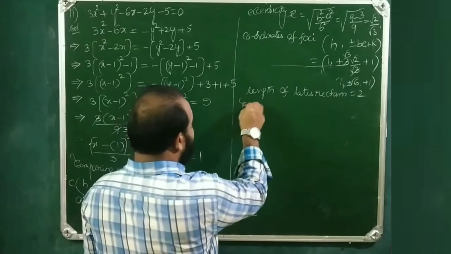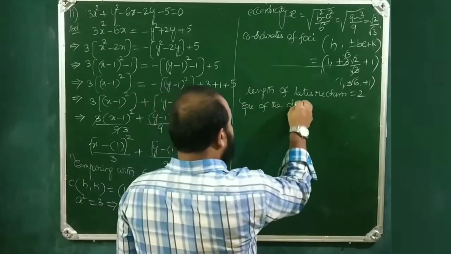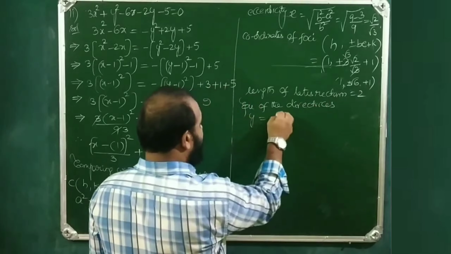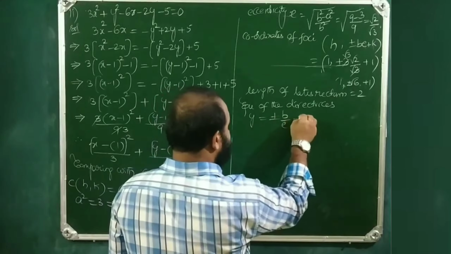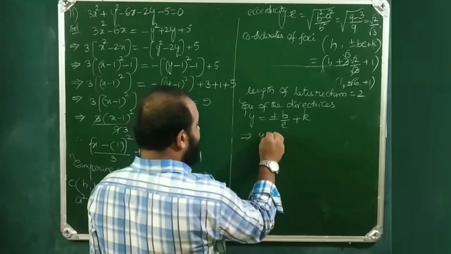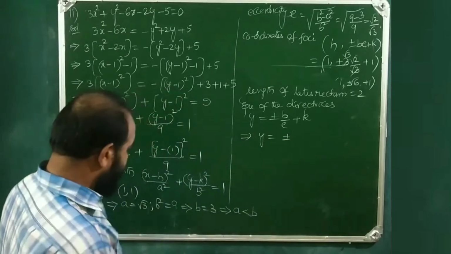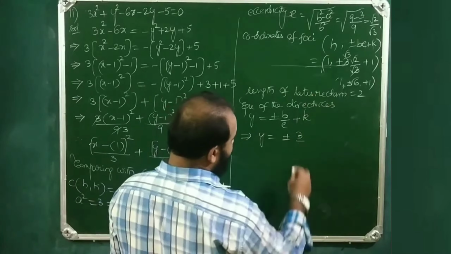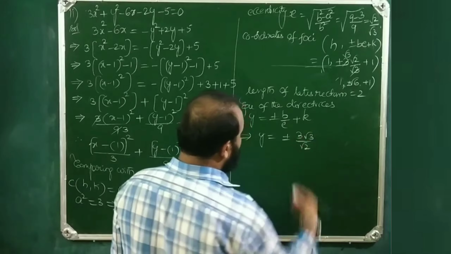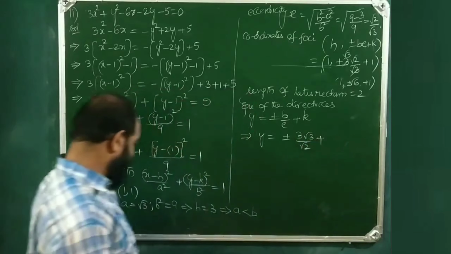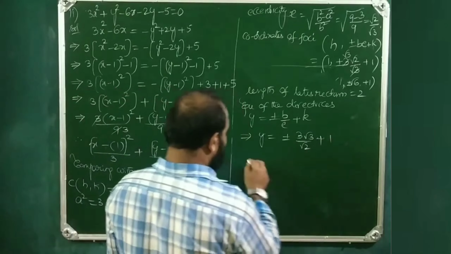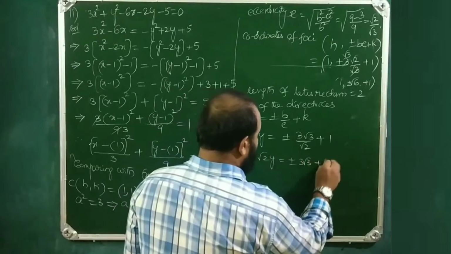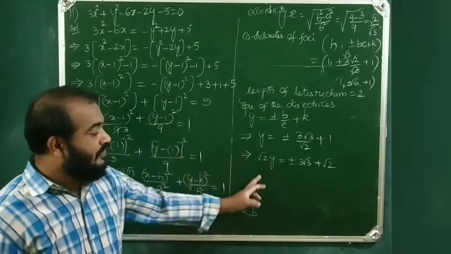And now the equation of the directrices is y equals plus or minus b by e plus k. So y equals plus or minus b is 3 by 1 into root 2 by root 3. So 3 root 3 by root 2 plus k value is 1. So this is root 2 y equals plus or minus 3 root 3 plus root 2, the equation of the directrices.